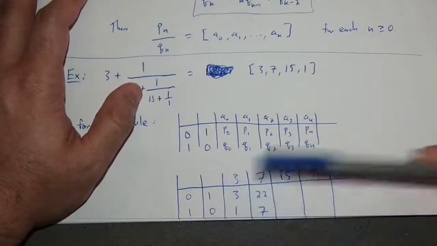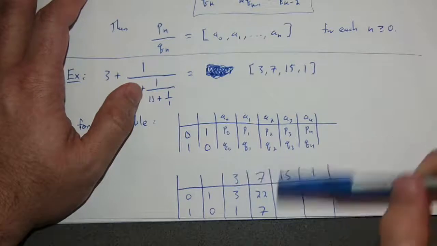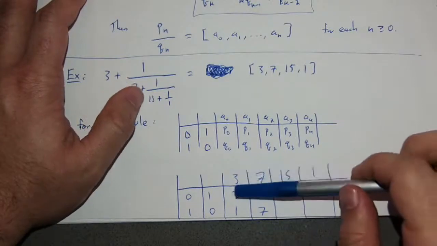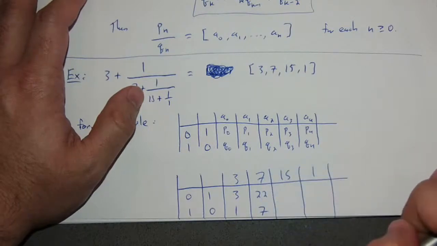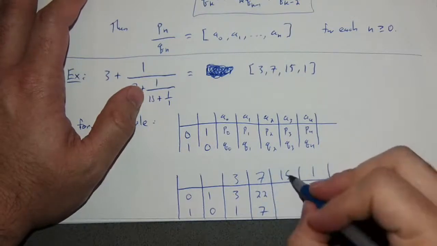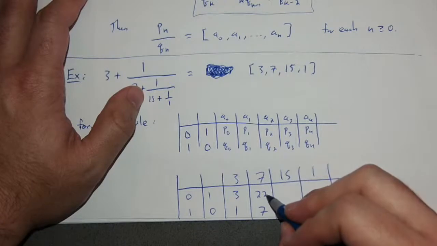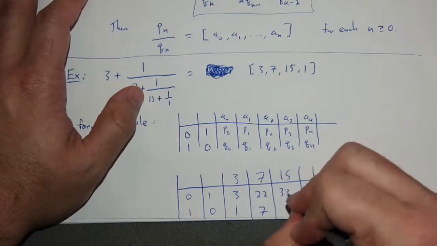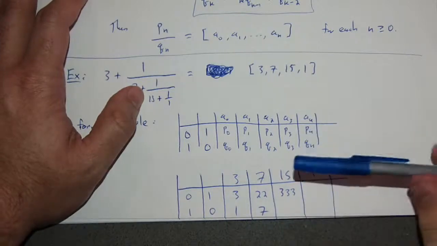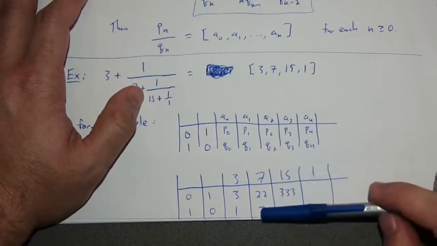What is this column saying? It's saying that here's an approximation for pi, 3 over 1. Then here's another one, 22 over 7. Next, I have 15 times 22 plus 3. So that's 330 plus 3, so that's 333. Next, I have 15 times 7 plus 1.